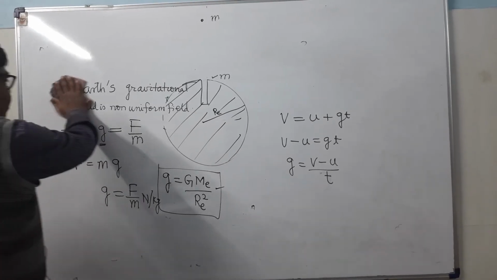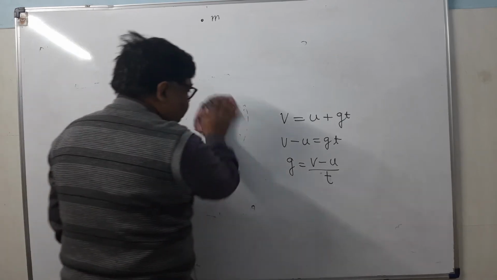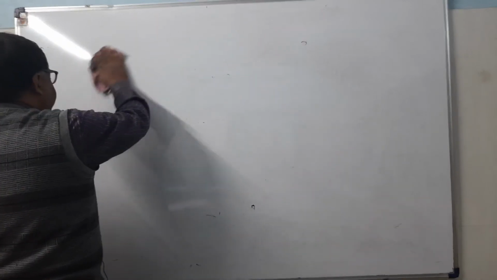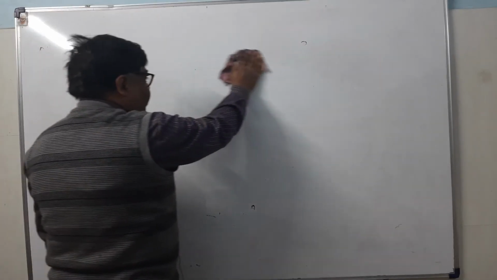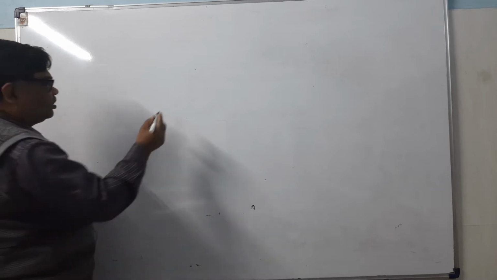So see here. And here we will assume that the Earth is uniformly dense and a perfectly spherical body. These two points we will assume. Is it clear?